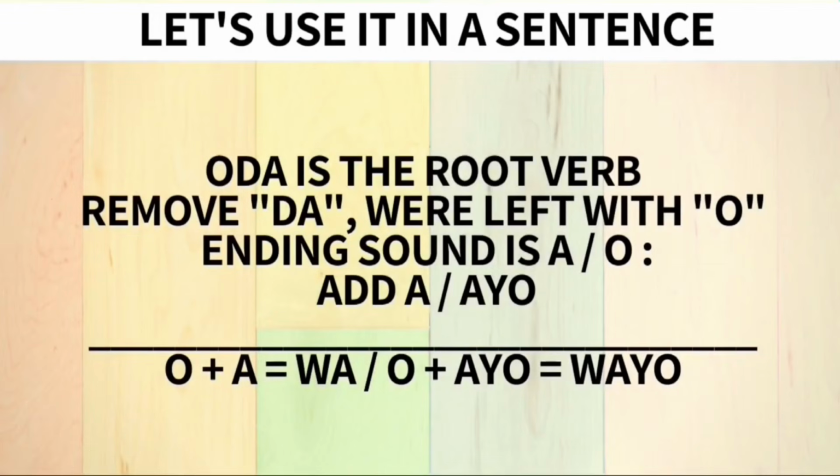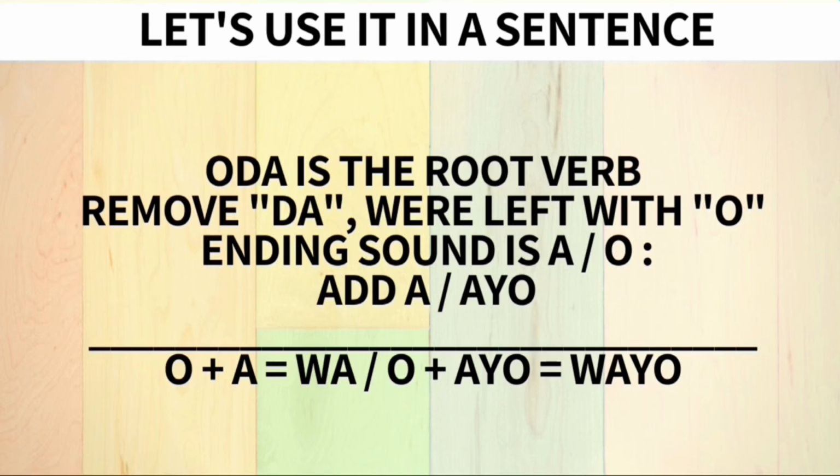So how is ODA transformed to wa? ODA is the root verb, and the first step is to actually remove da so that we're left with O. And if you would notice on our previous lessons, we have discussed rules to be followed in order to decide about the suffix that will be added to the remaining root verb. If you'll remember, if the ending sound of the remaining verb is a or o, we will add ayo. But if the ending sound is not a or o, we will use oyo.